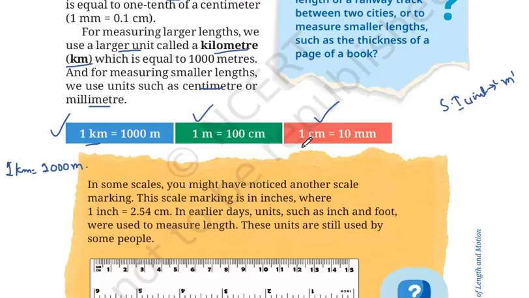We just saw in a 15 centimeter scale, 1 centimeter was divided into 10 equal divisions, with each division measuring 1 millimeter. Therefore, 10 divisions is equal to 10 millimeter. So 1 centimeter is equal to 10 millimeter. Same way, we have 1 meter as 100 centimeter and 1 kilometer as 1,000 meter. All right.